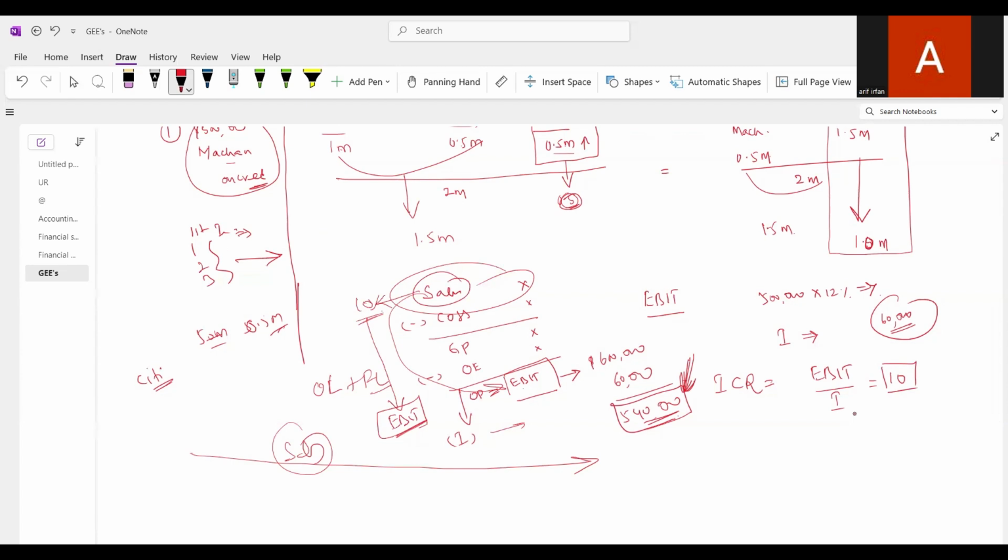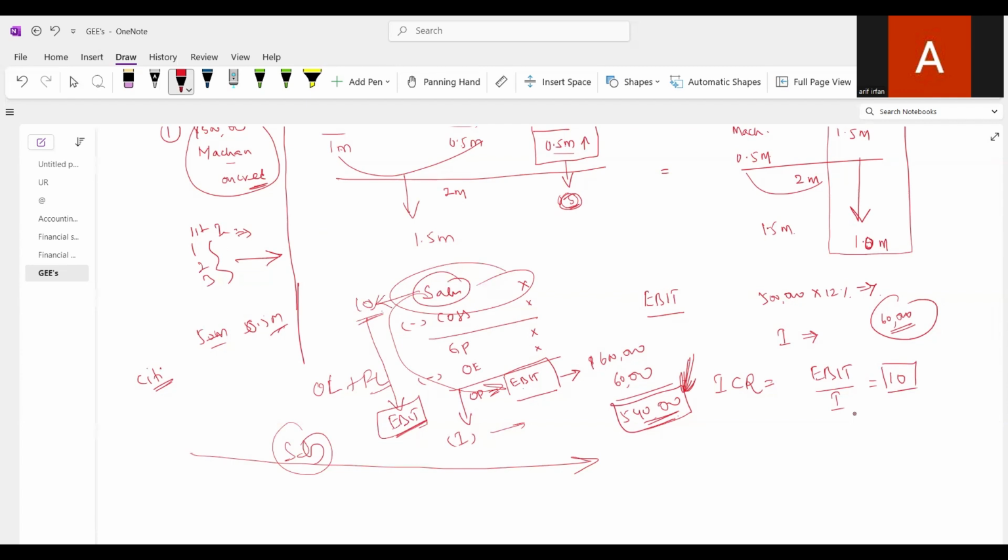The leverage जो है, a slight decrease in sales, is it impacting the EBIT heavily? So there is a change in sales of 10%. What is the change in the EBIT? Is it 50%?